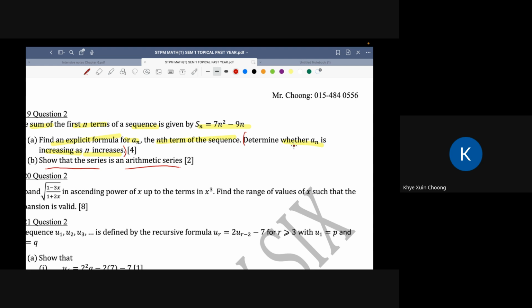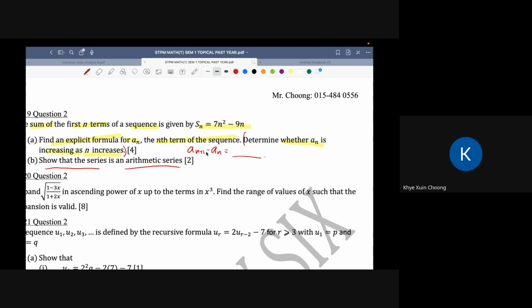Okay, so we're back to the question: whether an is increasing as n increases. How do we show this? Okay, actually, it's still the arithmetic thing. Okay, you show the common difference. Let's say if you found an, okay, if you found the formula of an, either you use an plus 1 minus an, or an minus an minus 1, it is actually the same. Okay, you find the difference between two terms. Okay, so this is the next term, this is the previous term, right?